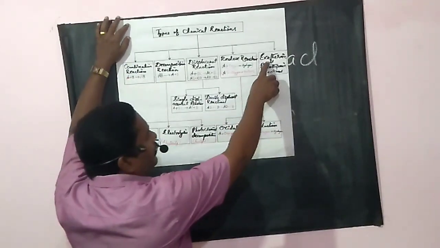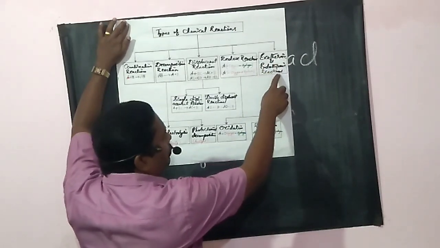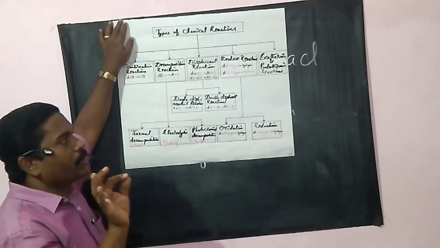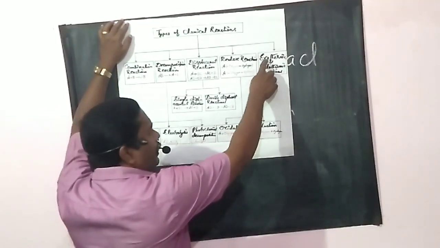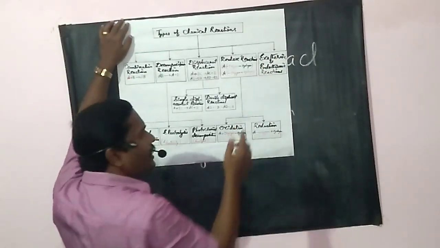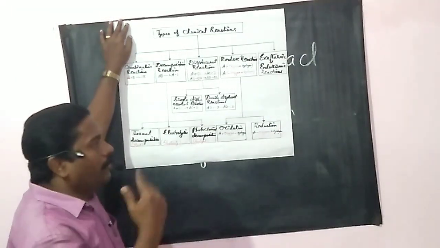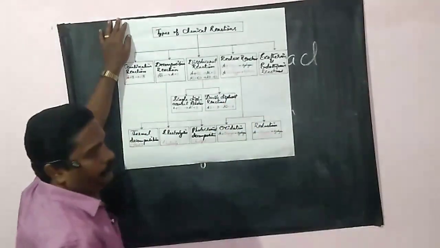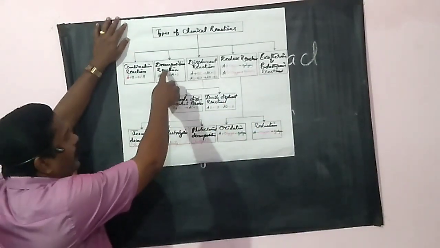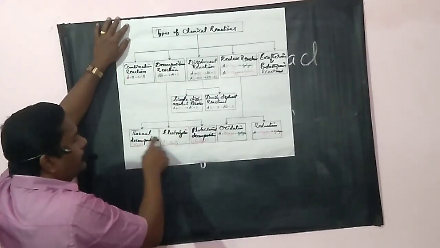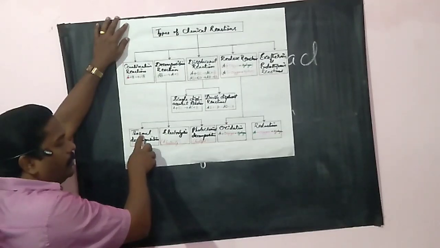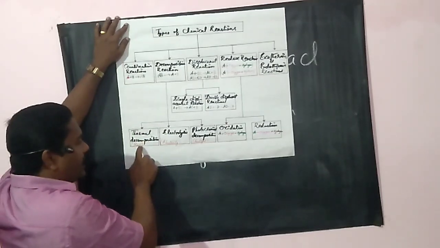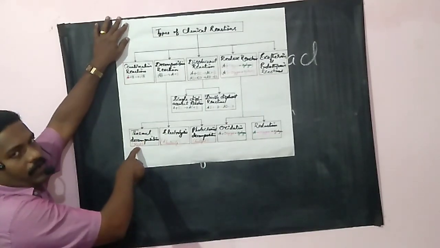And finally, exothermic and endothermic reaction. A reaction in which heat is evolved or liberated is called exothermic, and a reaction in which heat is absorbed is called endothermic. And decomposition reactions are of three types: thermal decomposition, that is decomposition reaction takes place in the presence of heat.